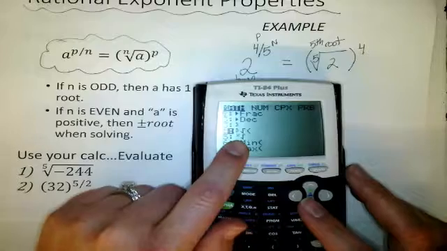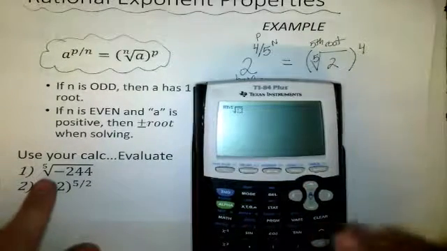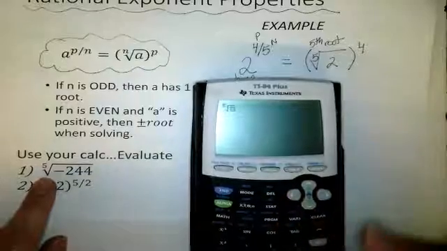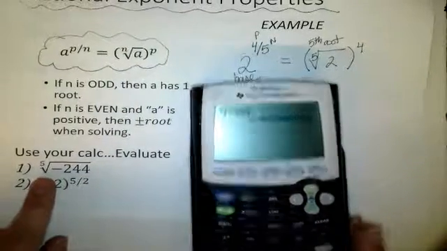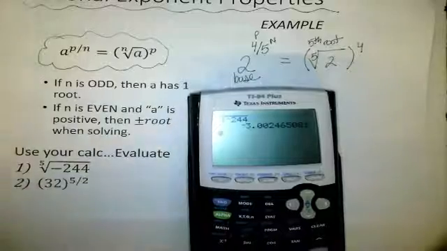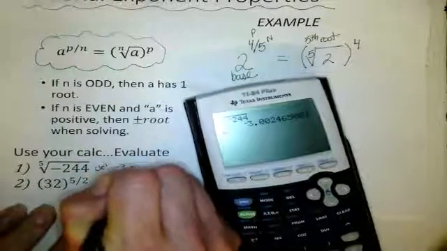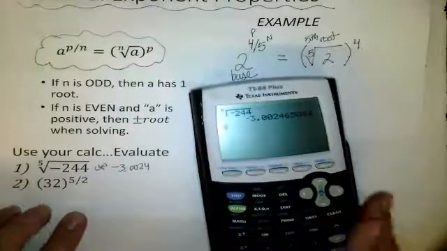That's number 5, the xth root. You could put a number in there, but you'd need to change that to a 5. Then you can type in negative 244. It's going to give you a decimal answer, approximately negative 3.0024.